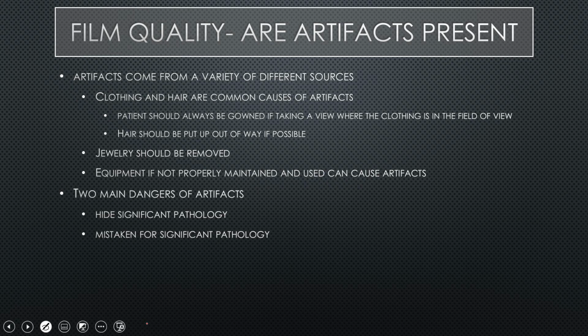To ensure that there aren't any outside artifacts, make sure the patient's always gowned up, their hair is put up if possible, all jewelry is removed in the area being radiographed, and any equipment is properly maintained and out of the way. The two main dangers of having artifacts: you could hide significant pathology, or the artifact can be mistaken for significant pathology.